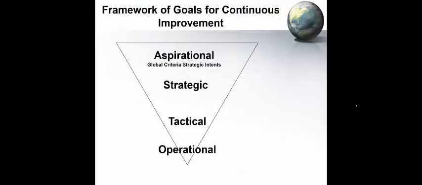This is all predicated on a common agreement about what is good, what is desired, what the priorities are across any given agricultural production sector. The global criteria strategic intents for each of the 11 global criteria in the Dairy Sustainability Framework represent aspirational goals for those global criteria.